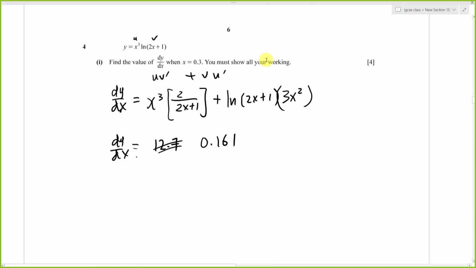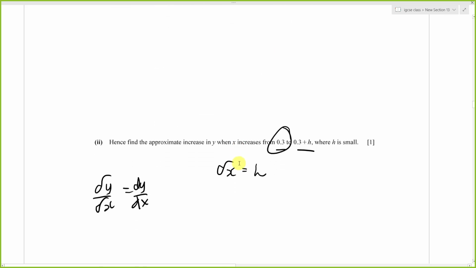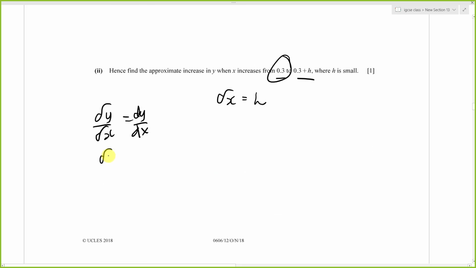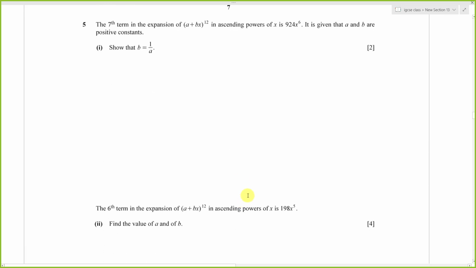You realize just now you also substituted 0.3, so you can straight away use this value as the dy/dx value. You don't need to redo it again. So change of y equals 0.161h. Done. There's 1 mark. Very easy to get if you understand what's happening here.